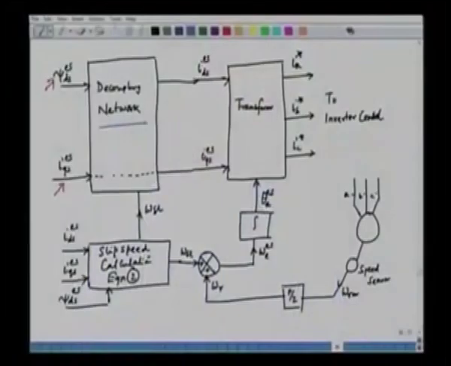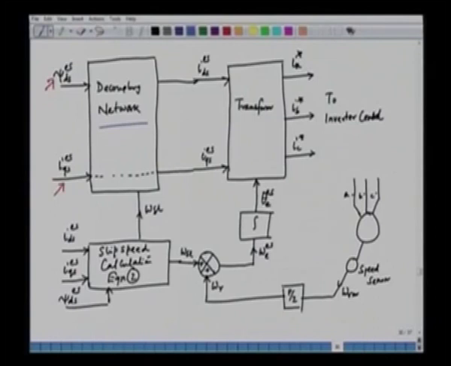So, this is something similar to that of the air gap flux oriented vector control, and this is also a little bit more complex, because you know that we have to use this decoupling network. So, unless we have this decoupling network, we cannot go for vector control using stator flux reference frame or air gap flux reference frame, and this decoupling network makes it computationally more intensive.